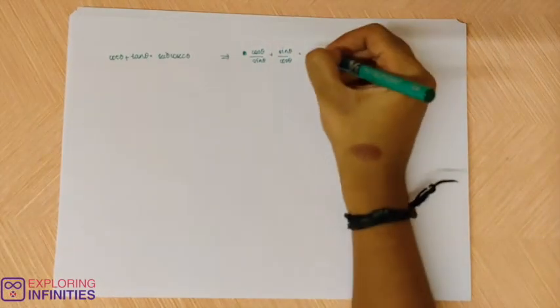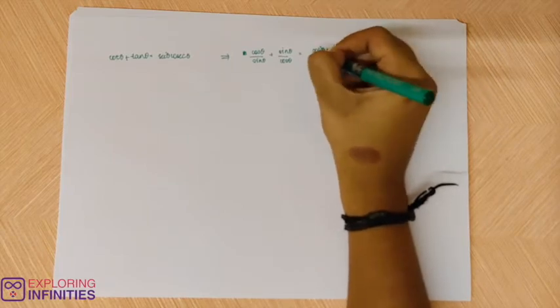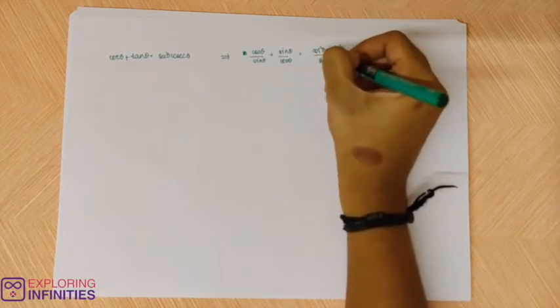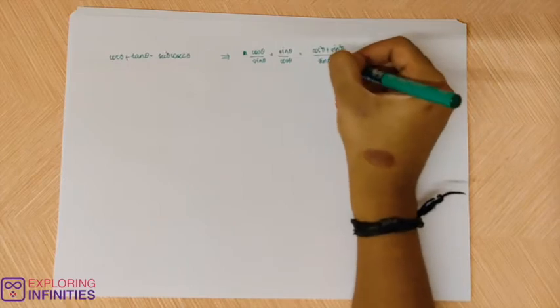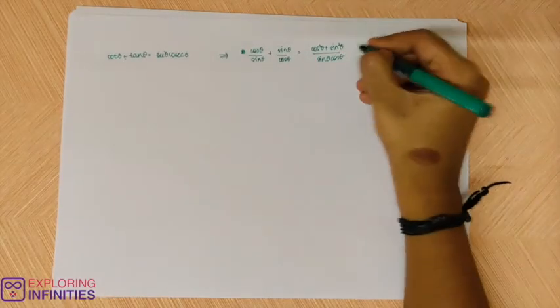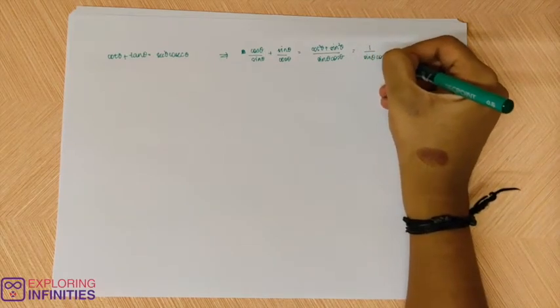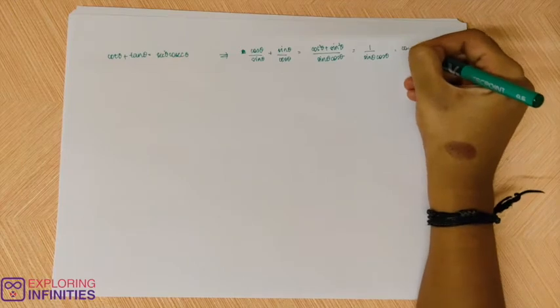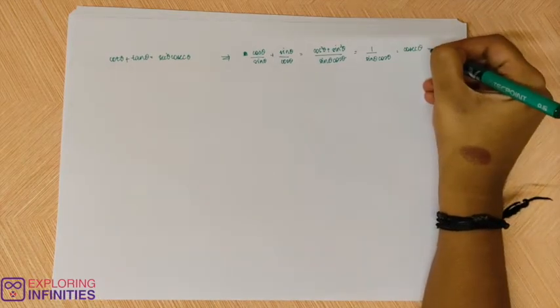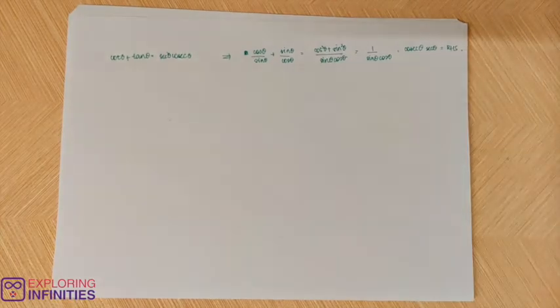So now that will be cos square theta plus sin square theta by sin theta cos theta by cross multiplying, right? So cos square theta plus sin square theta is 1. So it is 1 by sin theta cos theta. 1 by sin theta is cosecant theta and 1 by cos theta is secant theta. That is equal to RHS.